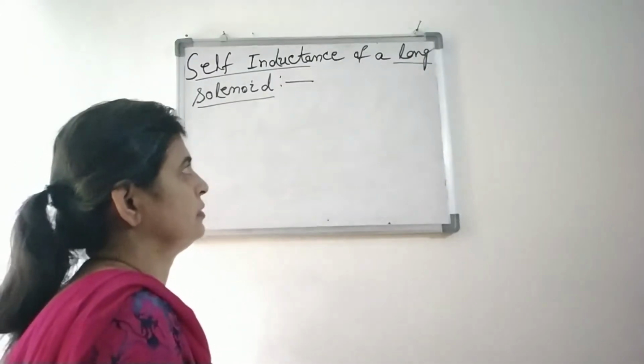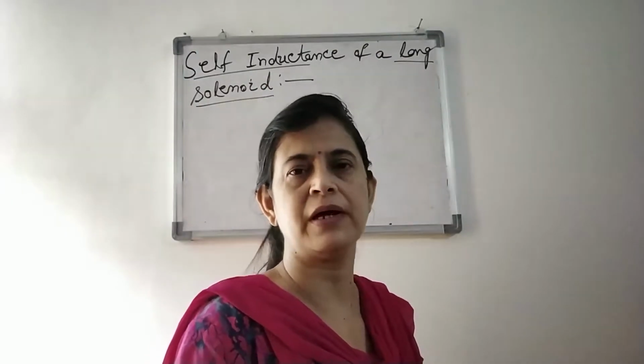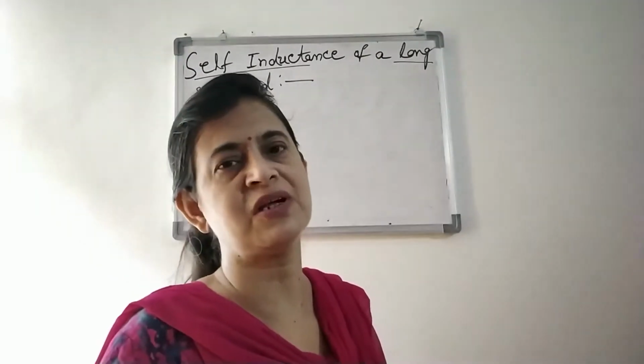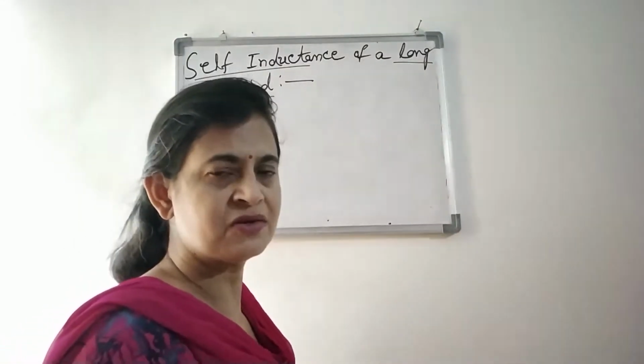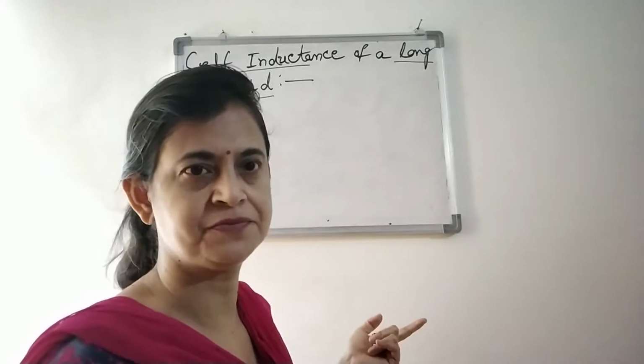Now, before that, we already discussed Biot-Savart's law and Ampere's law. For a particular solenoid, whether it is a long solenoid or a toroidal solenoid, you can apply Ampere's law.